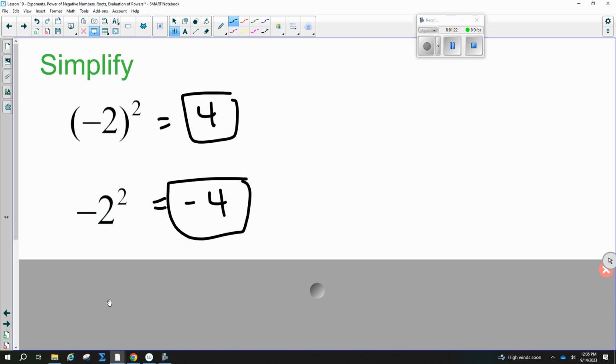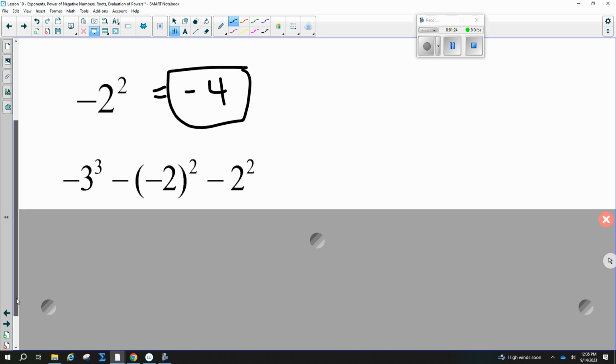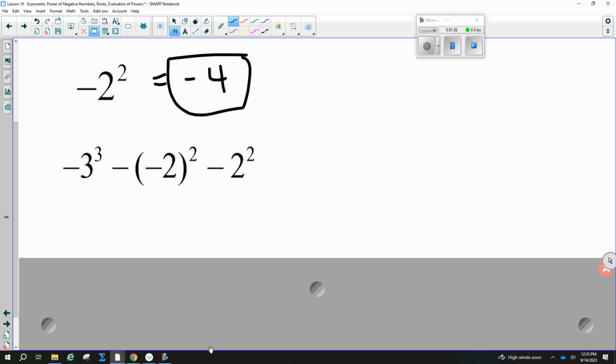All right, let's put it all together. -3 cubed minus (-2) squared minus 2 squared. All right, so the negative in front, you guys, you don't need to think about whether or not it's cubing because the negative is just going to stay there because it's not in parentheses. So 3 to the 3rd is 3 times 3 times 3, which is? Good job. Okay, now I have this minus sign, and then I am squaring the negative.